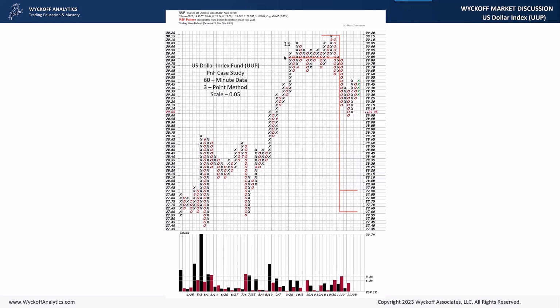If we take a distributional count of this structure, it takes us all the way back down to the area of the June lows for the dollar. Now, this is in UUP. We'll just have to watch to see whether or not it can rally. If it then fails back into this, we would call it redistribution, and it could keep going down.